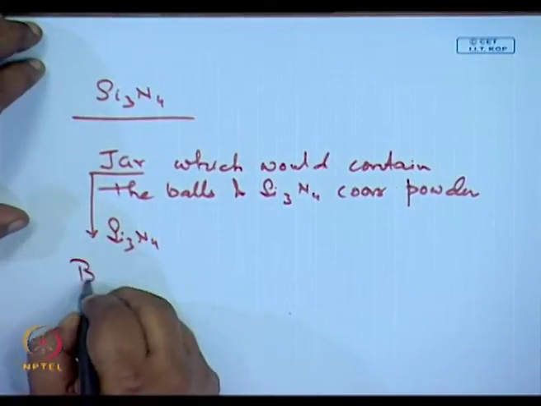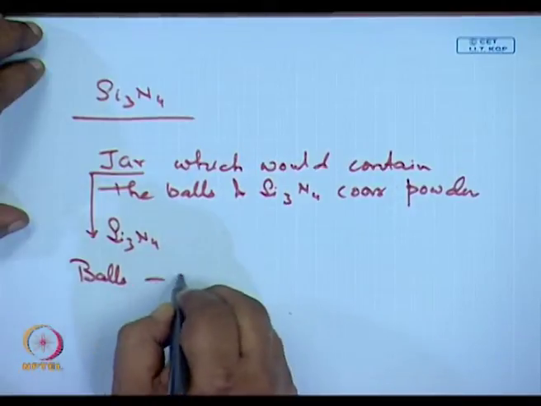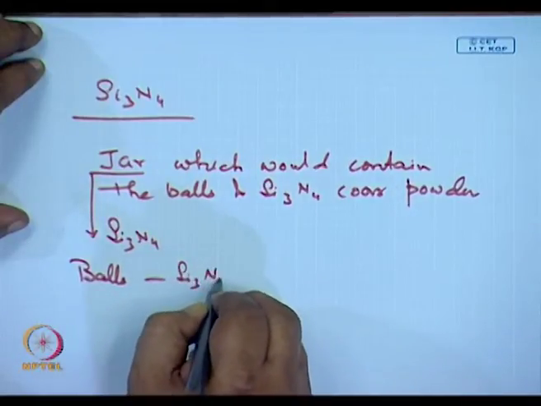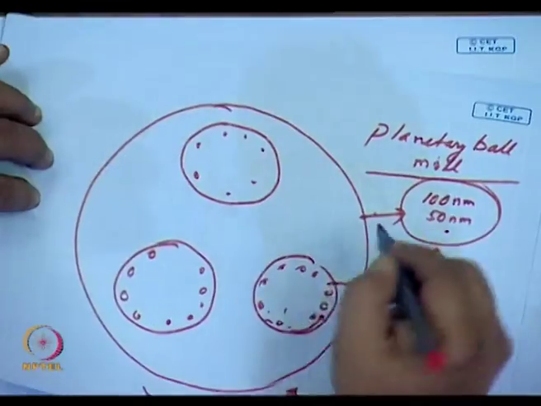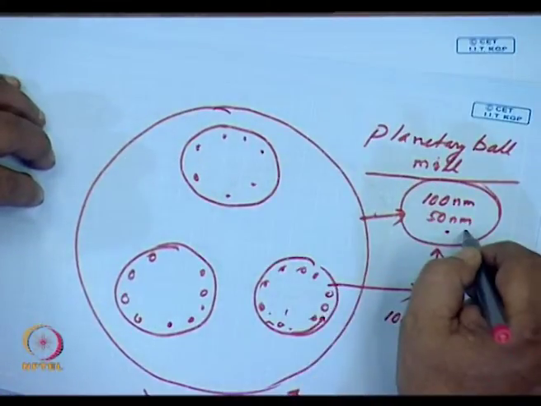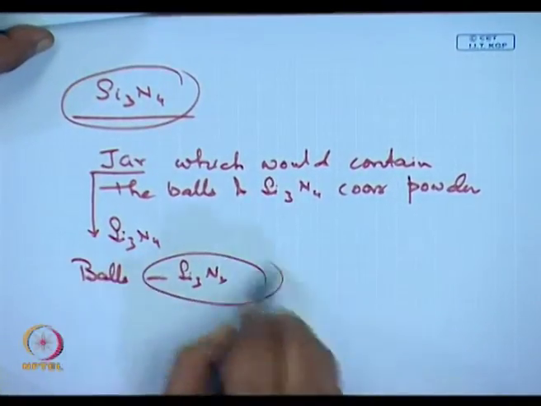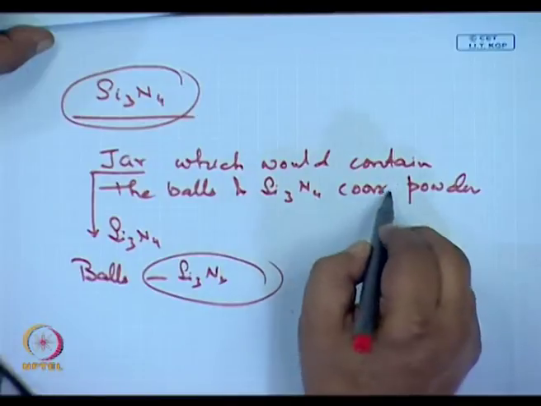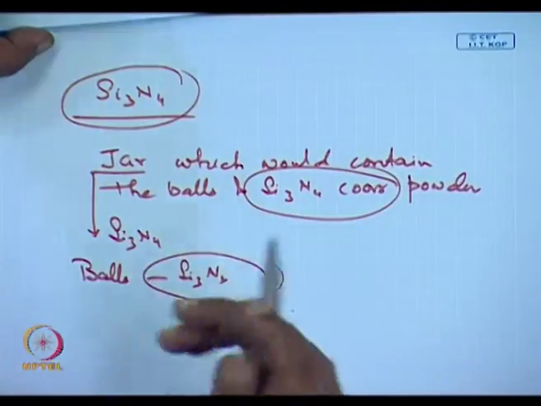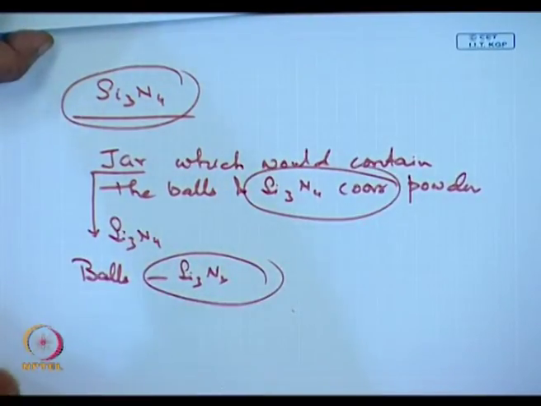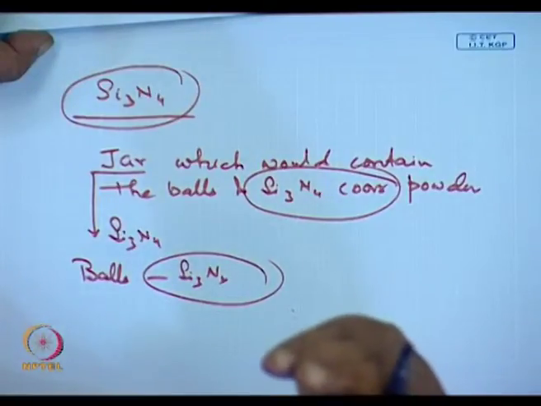The balls would be made up of silicon nitride. Since it would require very high energy ball milling to get to these sizes, everything, the jar would be of silicon nitride, the ball would be of silicon nitride, the coarse powder would be of silicon nitride, so that no other contamination occurs.